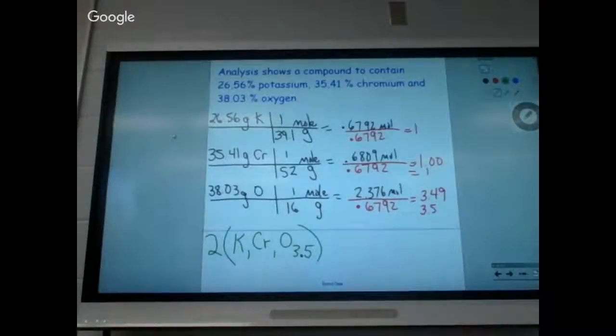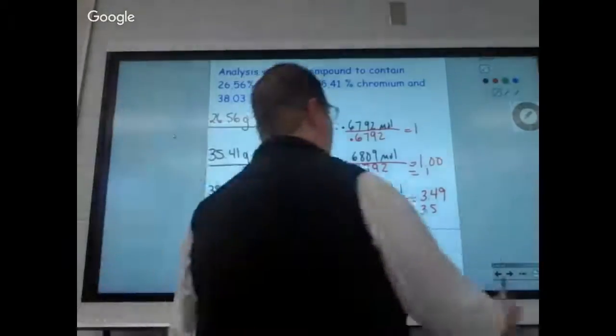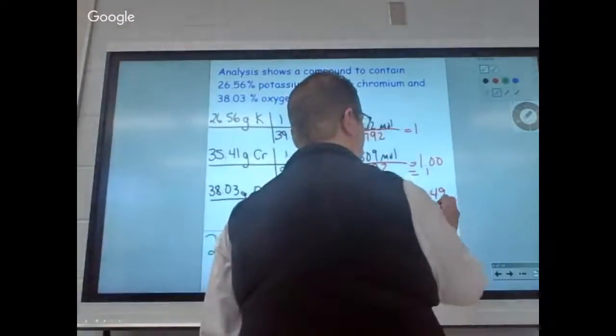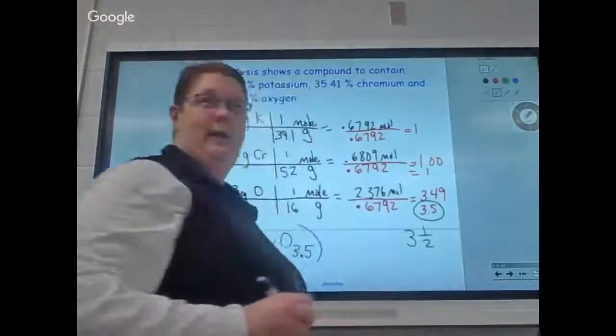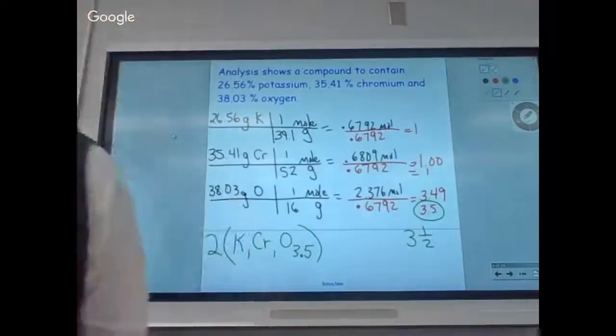I realize math for some of y'all is not your strong suit, but we're not talking pre-cal here. We're not talking math 3. We're just talking plain old middle school level math. This is 3.5.